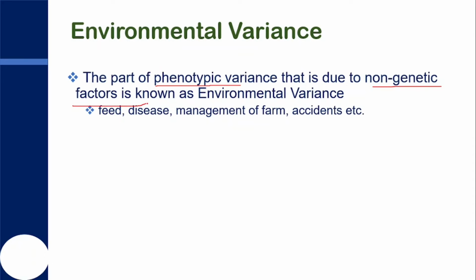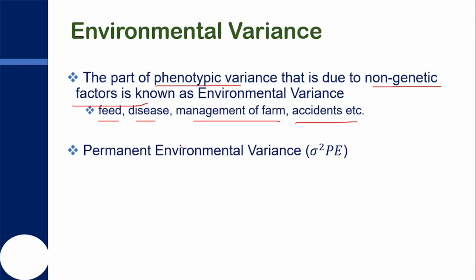It arises due to feed, disease, management of the farm, accident, or any other non-genetic factor which causes variation. So the variation which is not due to the genes is known as environmental variation.